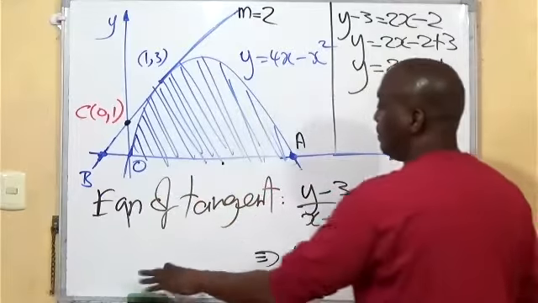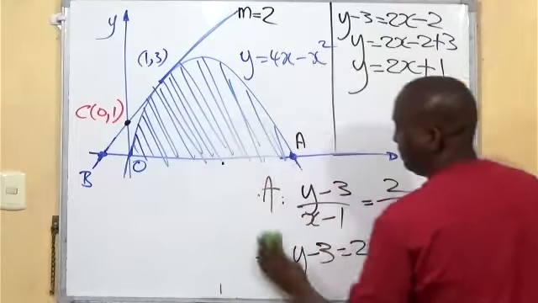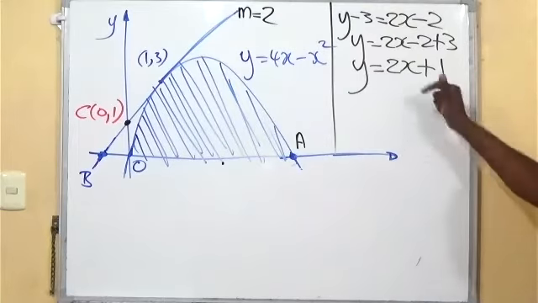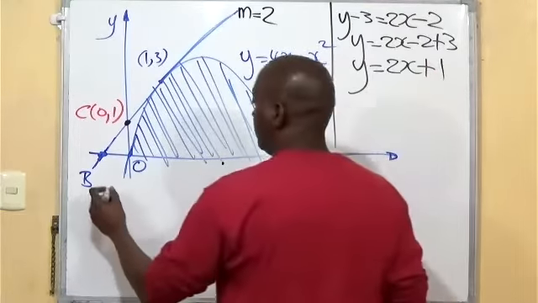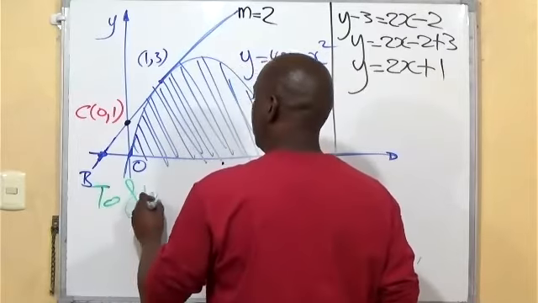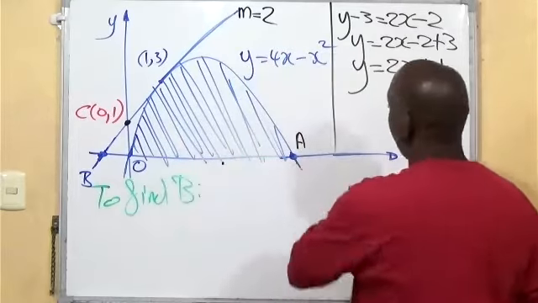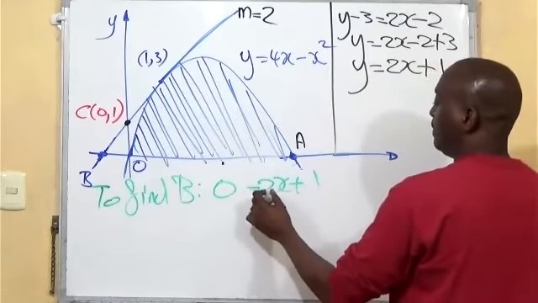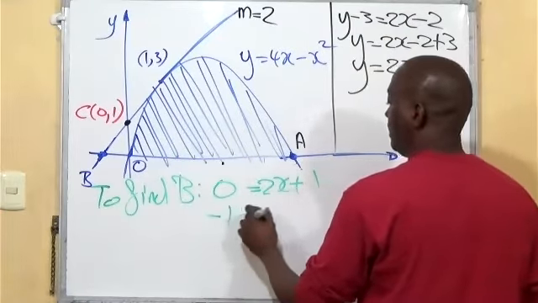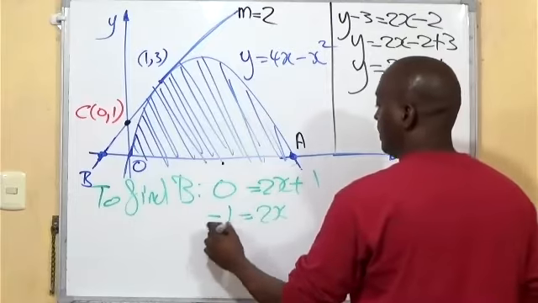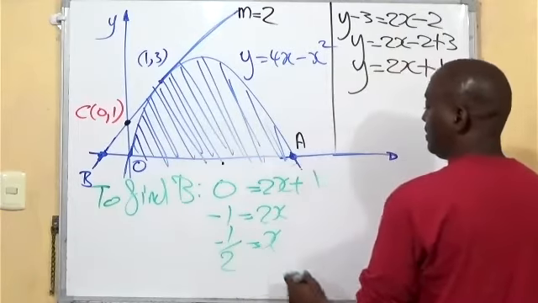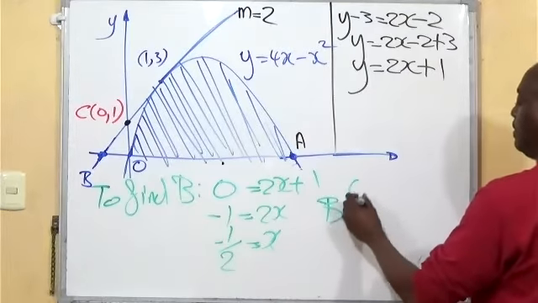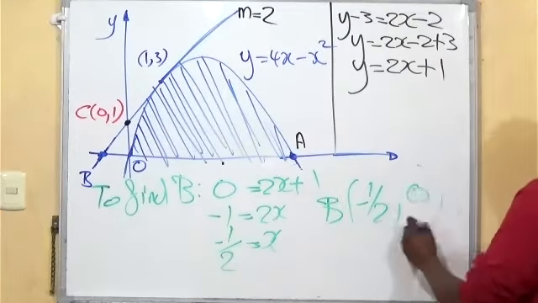So to find b, equate y to 0. So 0 is equal to 2x plus 1, right? So minus 1 is equal to 2x. So minus 1 over 2 is equal to x. Therefore, the coordinate of b is minus a half, comma, 0.